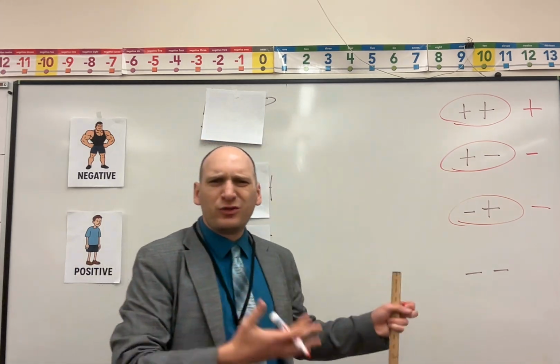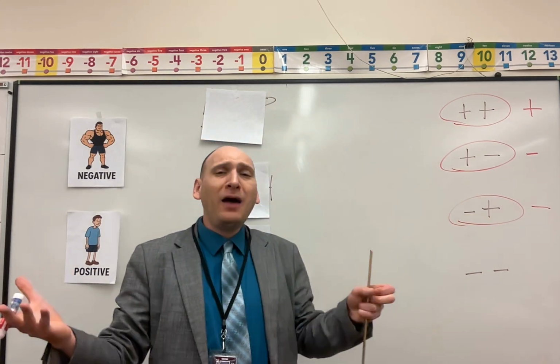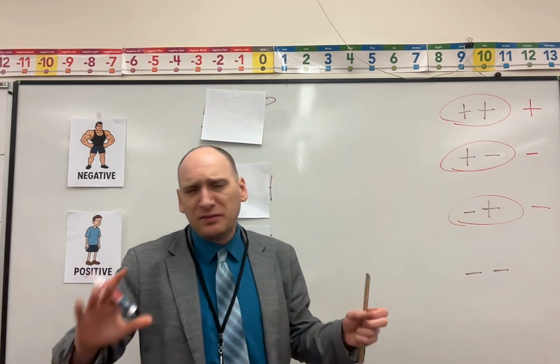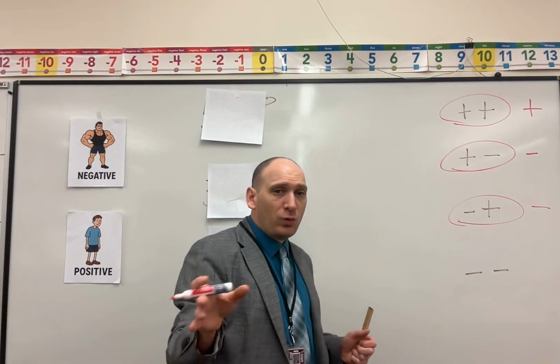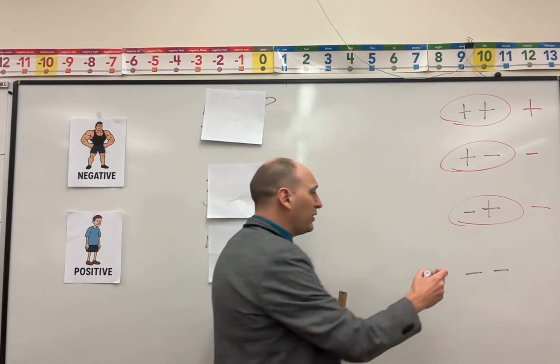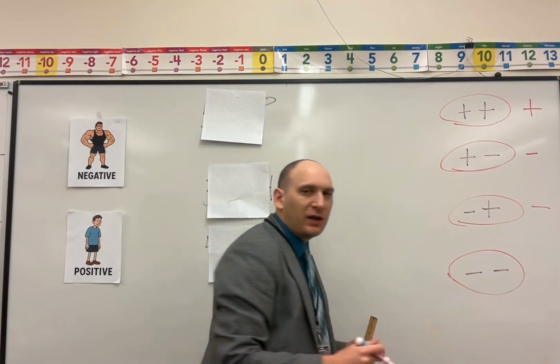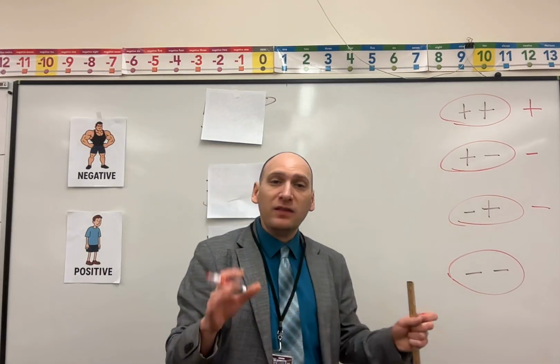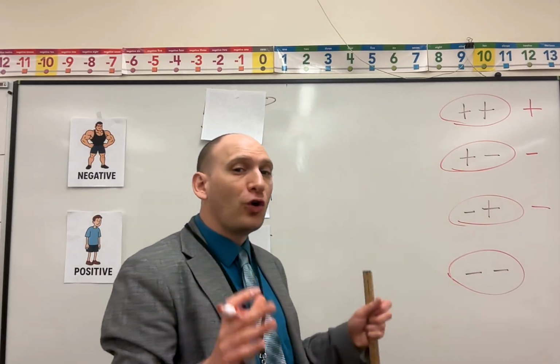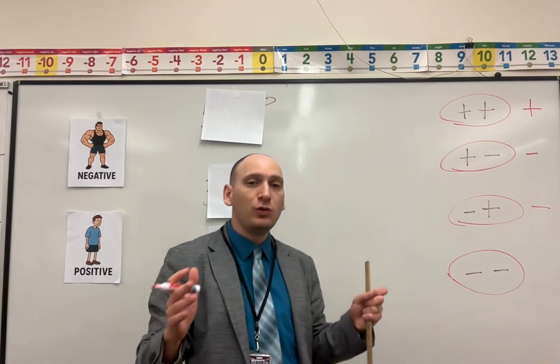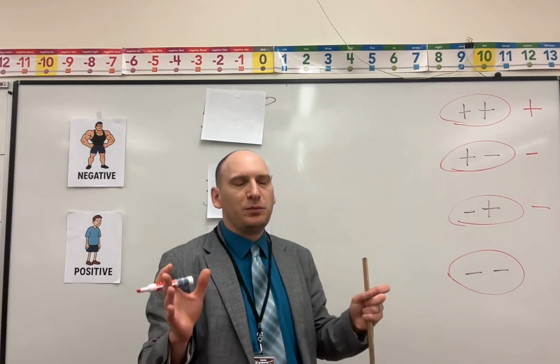So just like if Mr. Arrett and I had a boxing match, obviously I would win. We all know that. That's easy. However, the one that's a little bit trickier is thinking about a negative battling another negative. In this case, they would beat each other up so badly that they would turn into a weak and scrawny Mr. Arrett. Positive.